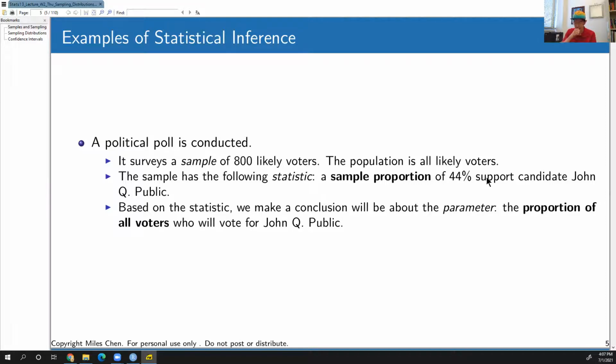So that 44% is a statistic. That's a sample proportion.